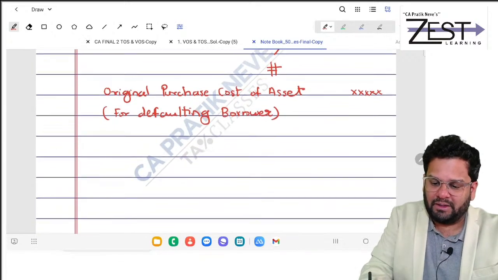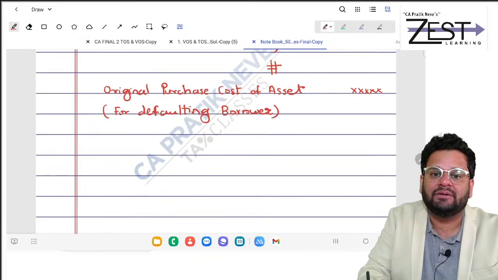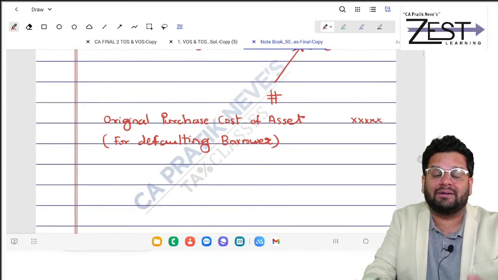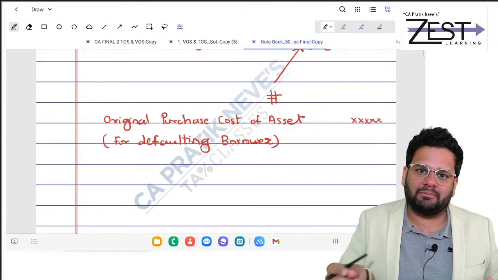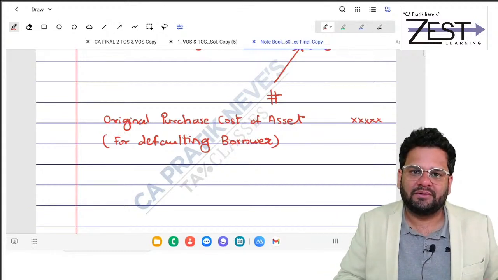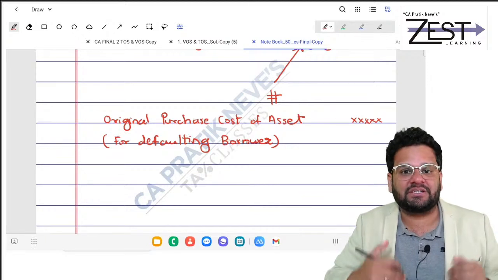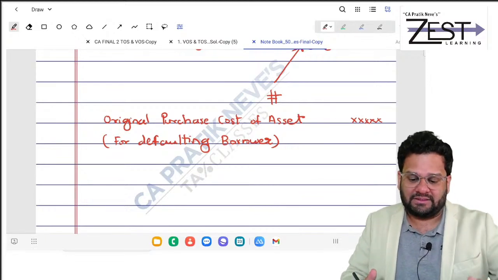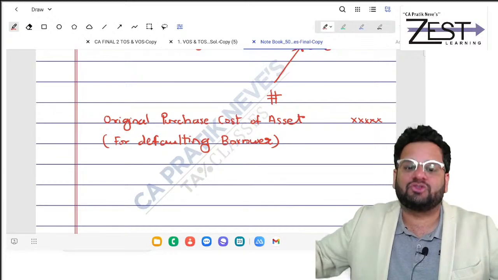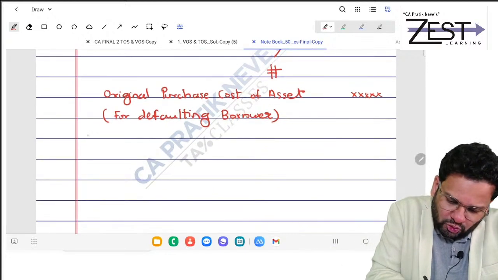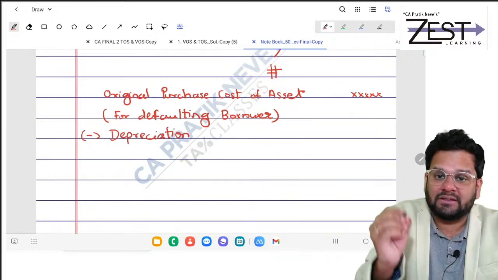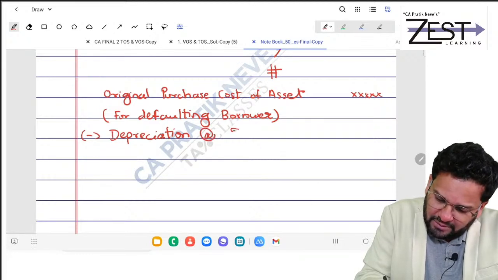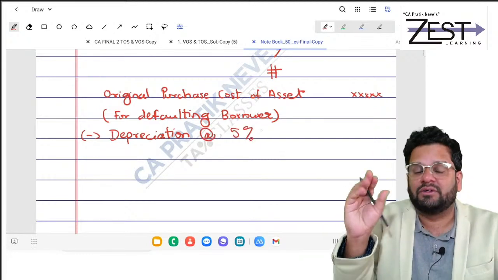But that cannot be directly taken because for a few years the asset has been used by the defaulting borrower. So there has to be some depreciation. After that the bank took it, then the bank sold it. So what you have to do is less depreciation, and the percentage is 5%.